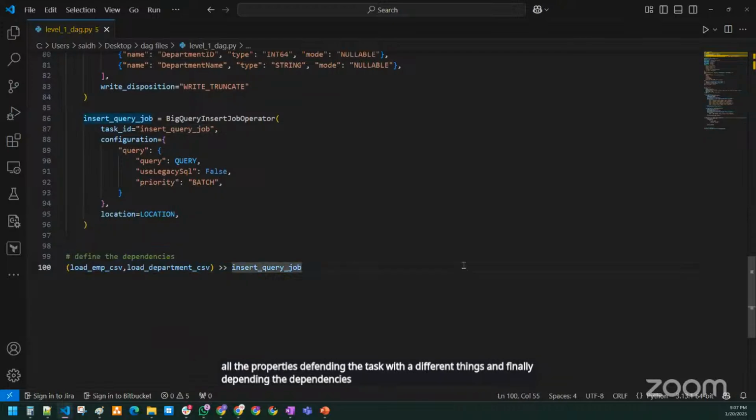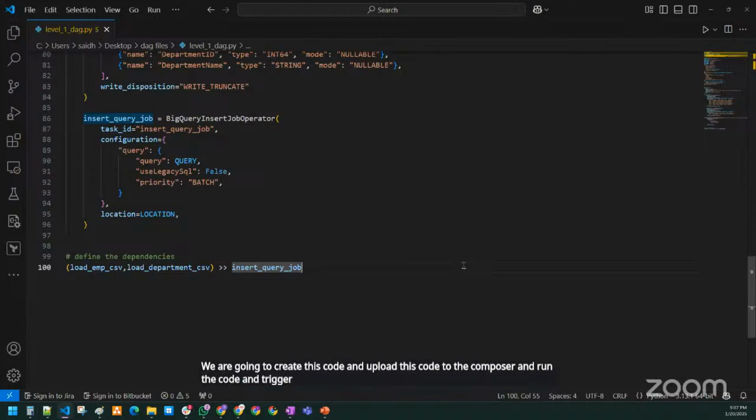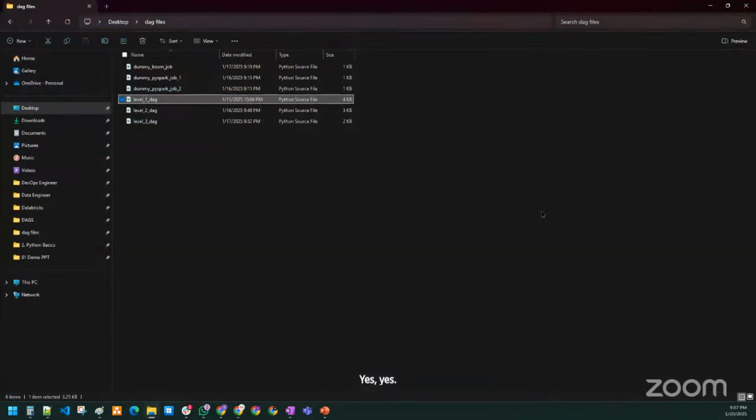We are going to create this code, upload it to Composer, run it, trigger it manually, and schedule it also. And if something goes wrong, how do we check the logs in Airflow to find the error? That's also covered.